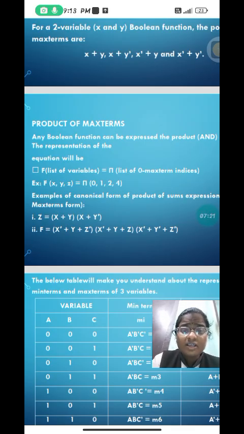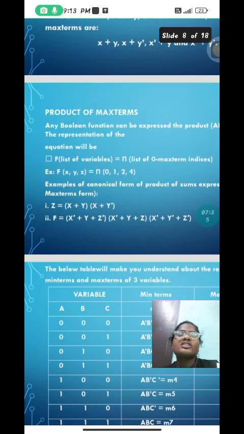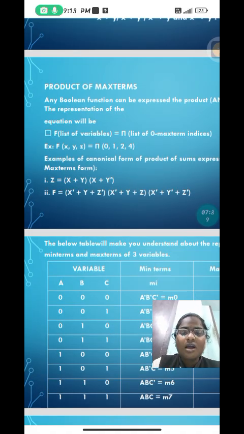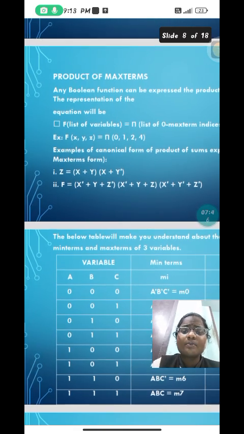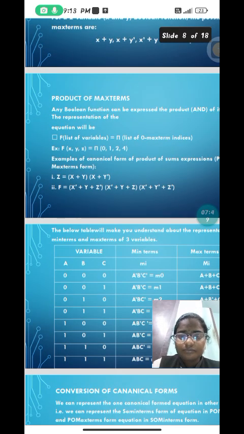The product of maxterms is written as pi of the list of 0 maxterm indices, because we assign complement as 0. Example, f of x comma y comma z is equal to pi of 0 comma 1 comma 2 comma 4.